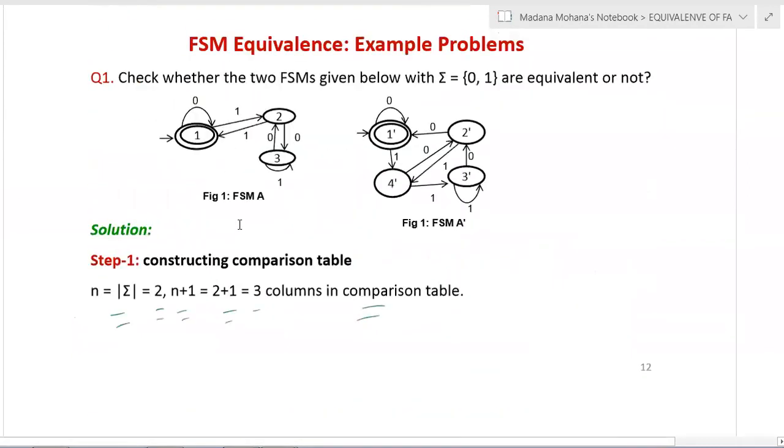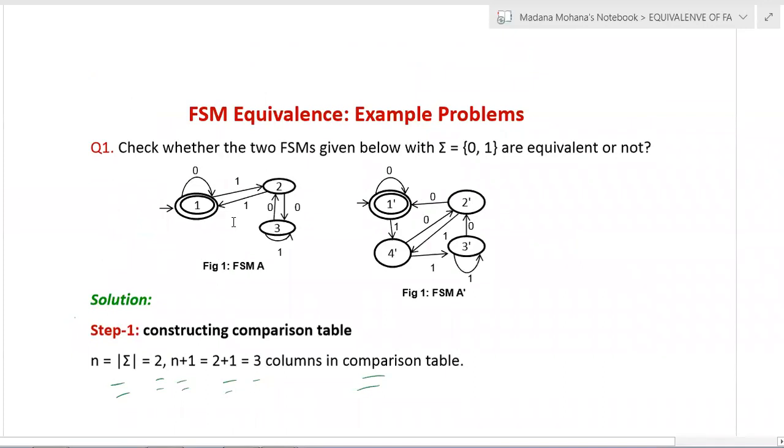You can go back and check the two machines. In the first machine A, 1 is the initial state, because it is prefixed with an arrow. In the second machine, figure 2, A', 1' is the initial or start state. The final states are also the same, but now we are considering only the initial state pairs.